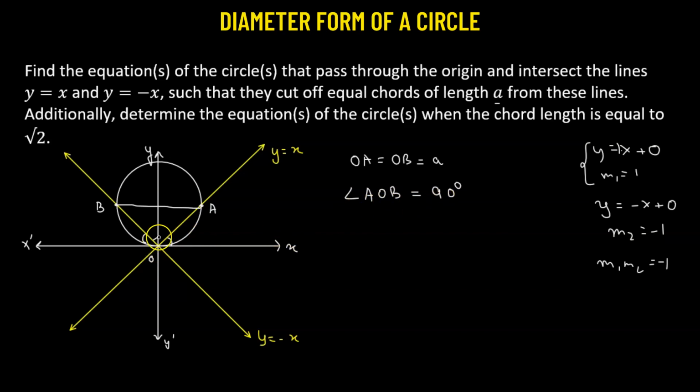Now, if angle AOB is 90 degrees, then point A and point B, if we join them, must pass through the center of the circle, and AB should be the diameter of the circle as well. So that means our goal will be to find the coordinates of point A and point B, and once we have those coordinates, we can use the diameter form of a circle to determine the equation of the circle. Right?